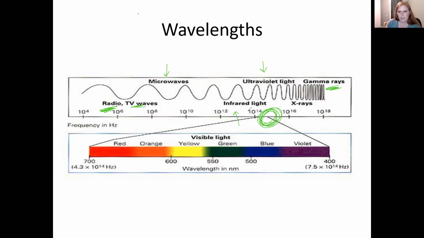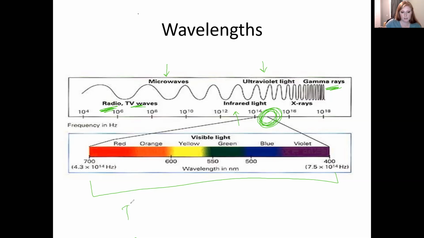Some of these other parts of the spectrum, there are special night vision goggles and things like that that can enhance vision for us at night, that allow us to take in a little bit more of these other parts of the spectrum. But for the most part, this is what we see right here. This is also the part that plants are going to use when it comes to photons.